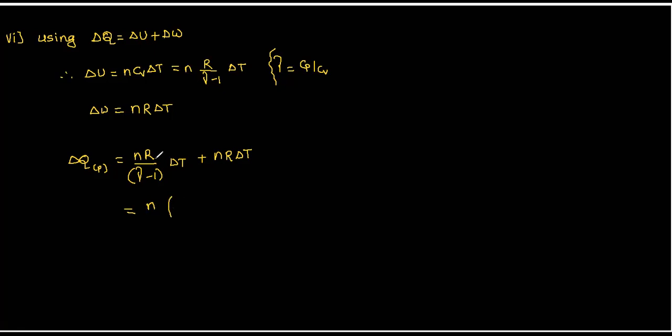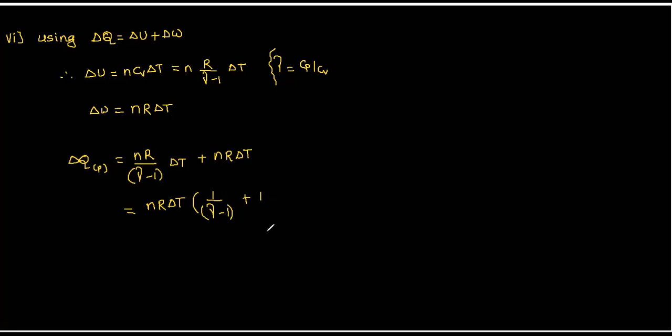Then what is left here? R here, R there also. So n R delta T I am taking common. What is left now? 1 by gamma minus 1 on this side, okay? And here it is plus 1.